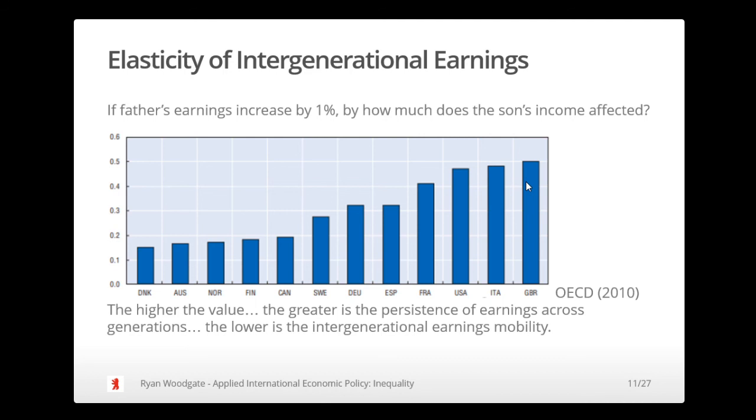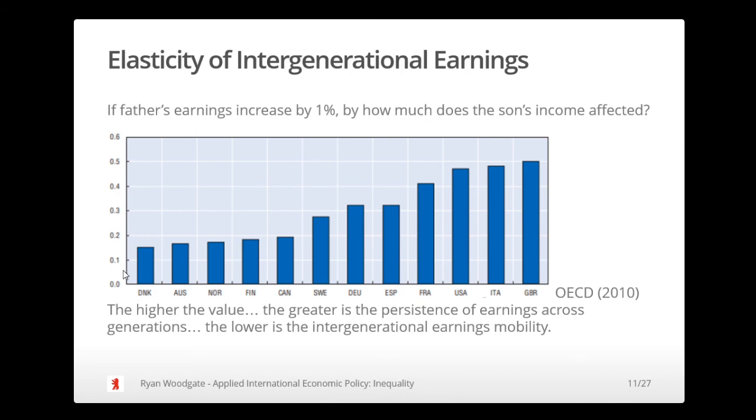It might not just be nepotism. It might be simply education. If your parents invest a lot in your education, then you would be expected to also have a high income. But note that you can only invest in education in some countries if you have a high income, and so that generates this persistence.